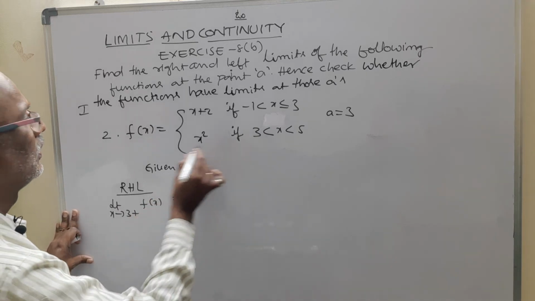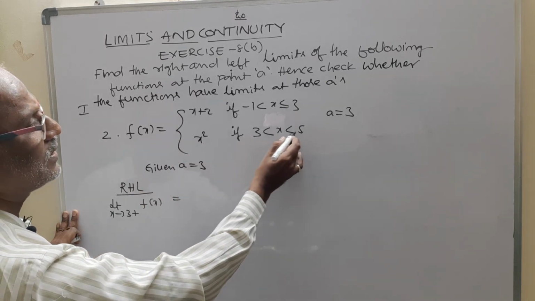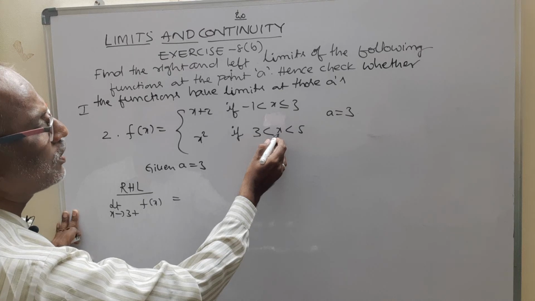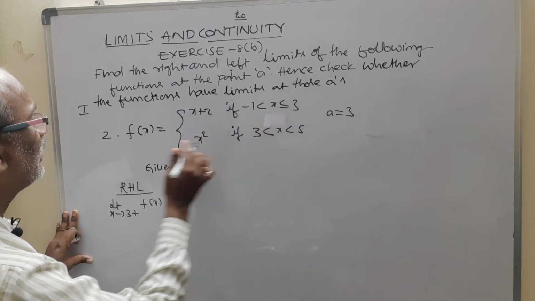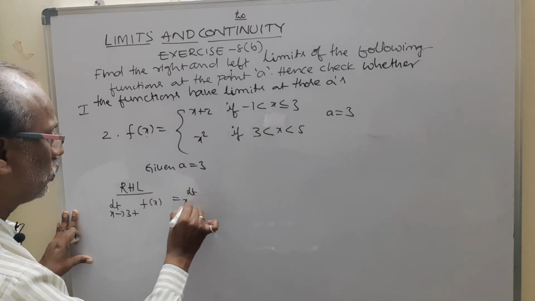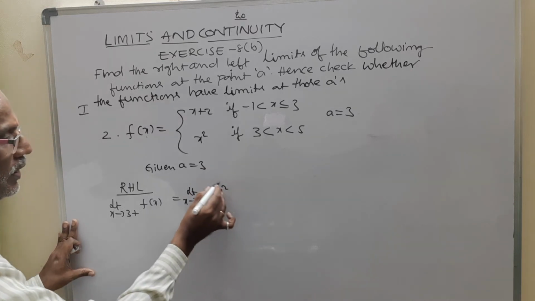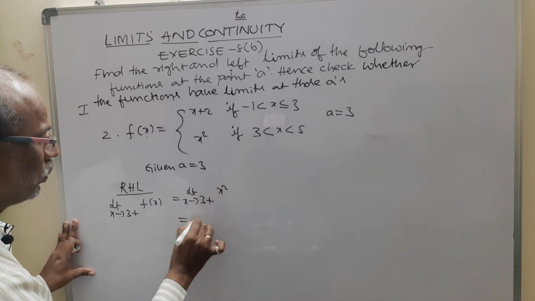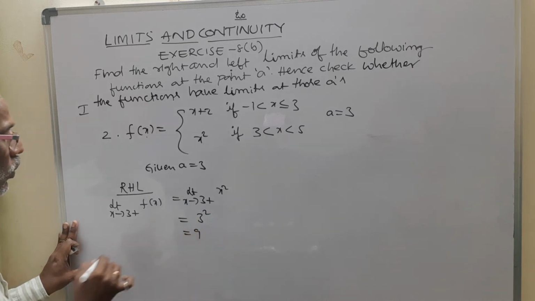Here f of x is equal to x square if 3 is less than x less than 5. If x is greater than 3, f of x is equal to x square. Limit x tends to 3 plus x square: substituting 3 for x, we get 3 square, which equals 9.